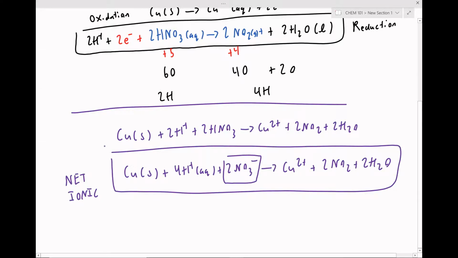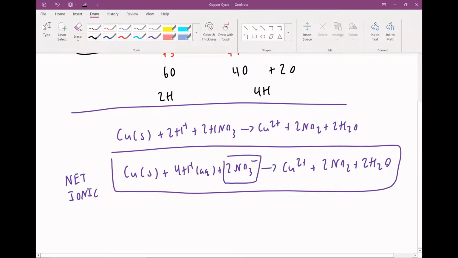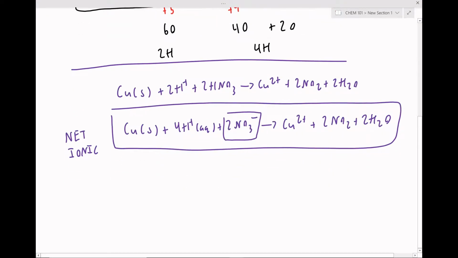Okay, perfect. So after our first reaction in our test tube, we have a solution which has copper 2 plus ions and some nitrate spectators, which we can view as a solution of copper nitrate in nitric acid.